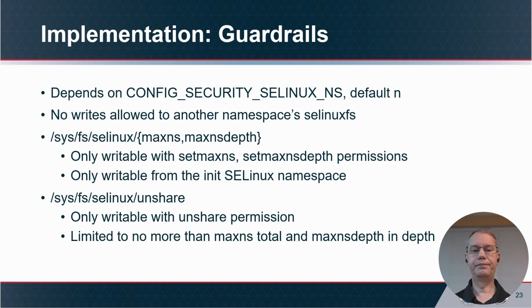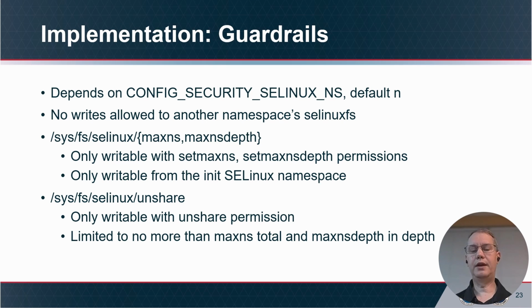The interface for unsharing of SELinux namespaces likewise can only be set, and hence unshared, with a new SELinux permission that was introduced for this purpose, along with the corresponding inode permission checks to the unshare node itself. Further, the ability to unshare is limited by the resource limits that were previously set.